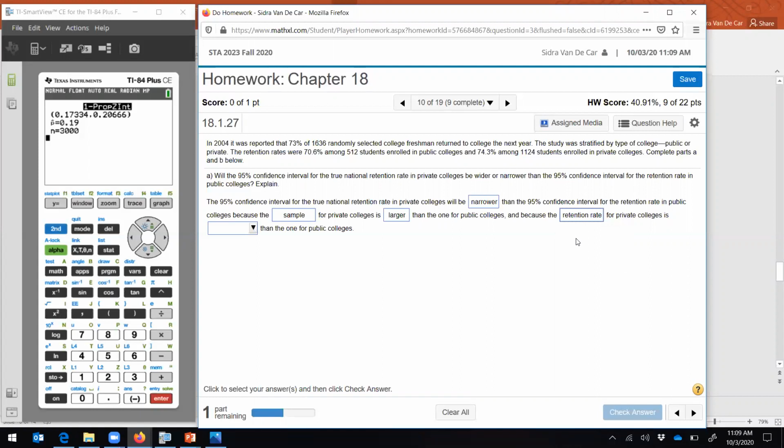Well, the retention rate, though, is further from 0.5. Yeah. And that's a true statement. It is, so the distance is also farther away.